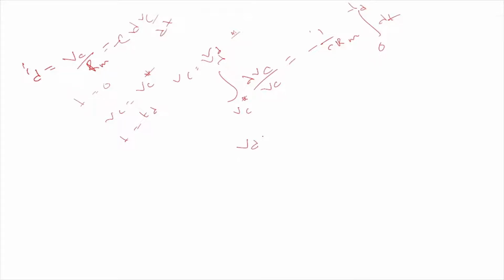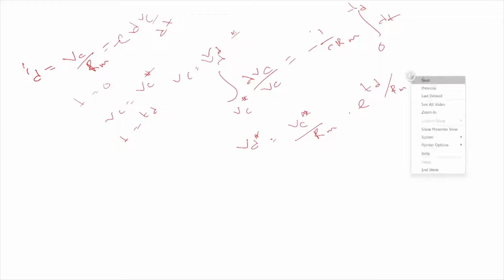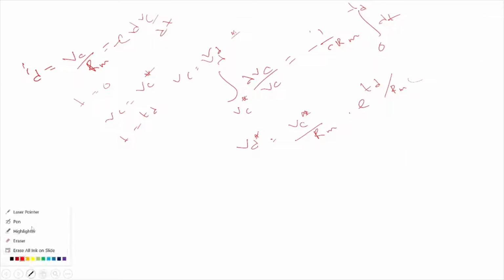From Vd we'll get Vc star into e to the power minus Td by Rm into C. Okay. So the discharging machining current Id we have to find.